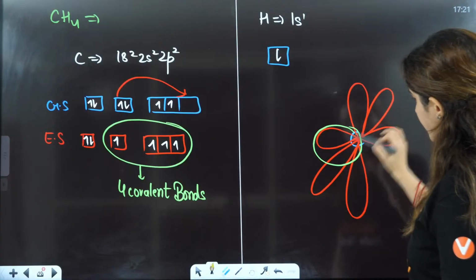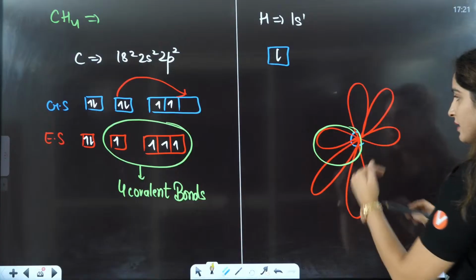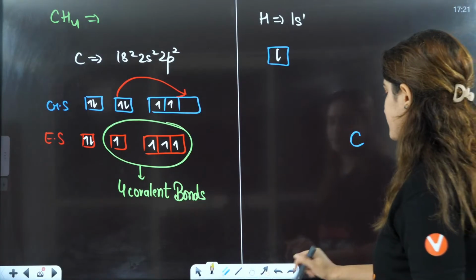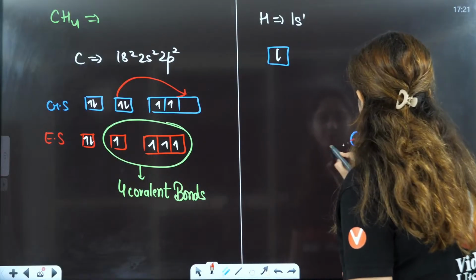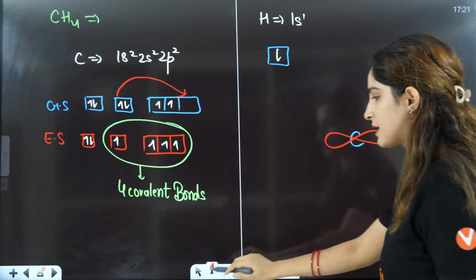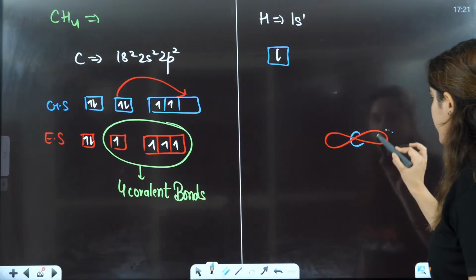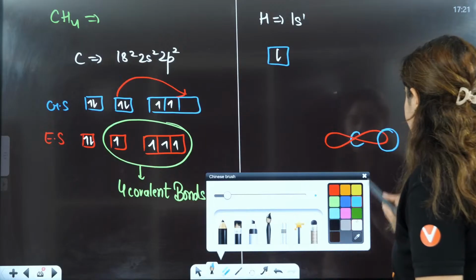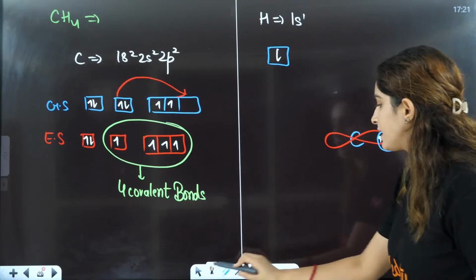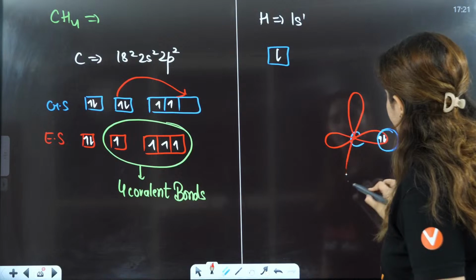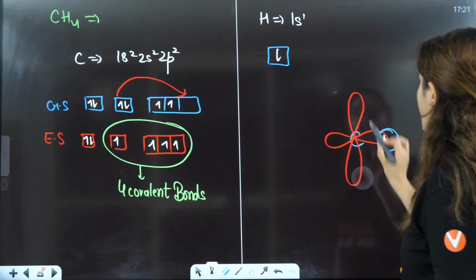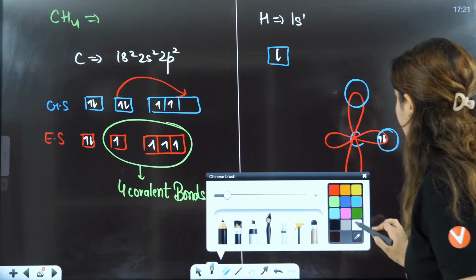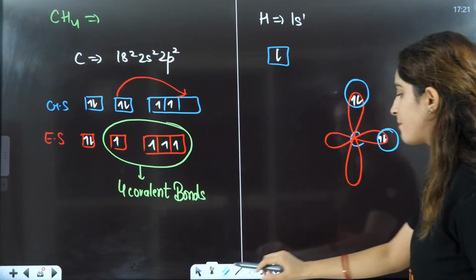So this px orbital, or you know what, I'll draw that one by one, okay? Let's say this is px. Now this px is overlapping with the orbital of hydrogen, and it is making 1 sigma bond. This is py. This py is overlapping with the orbital of hydrogen and it is making another bond.